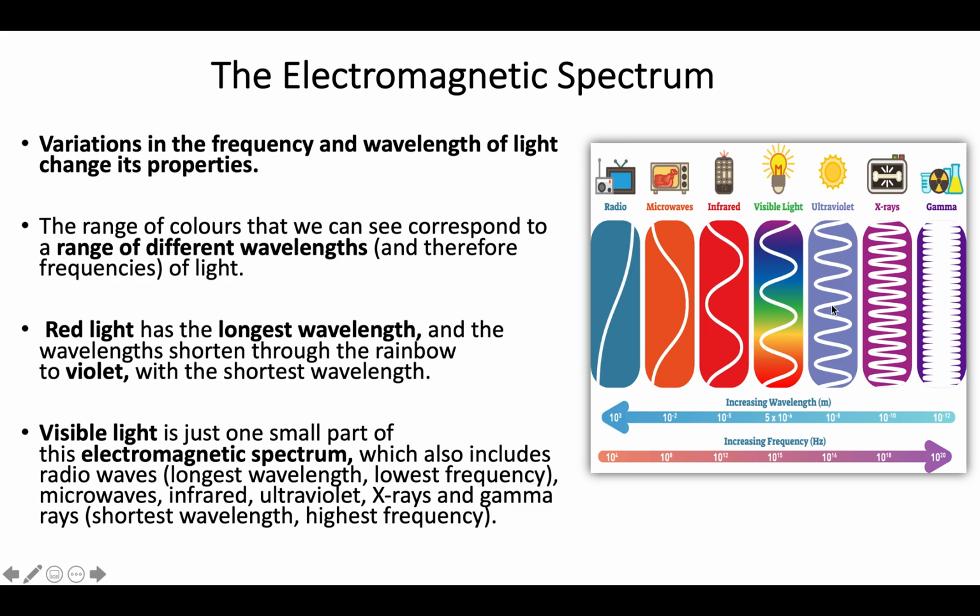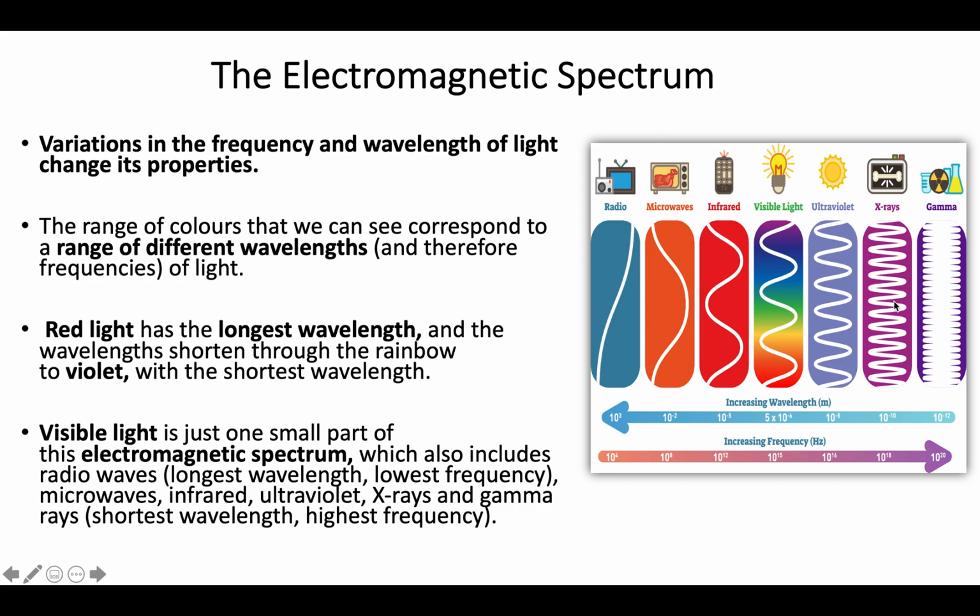You know that the wavelength is basically the distance between one trough and the next, or one crest and the next. So as you go towards the right-hand side towards gamma rays, the wavelength gets shorter and shorter. The shorter the wavelength, the higher the frequency.